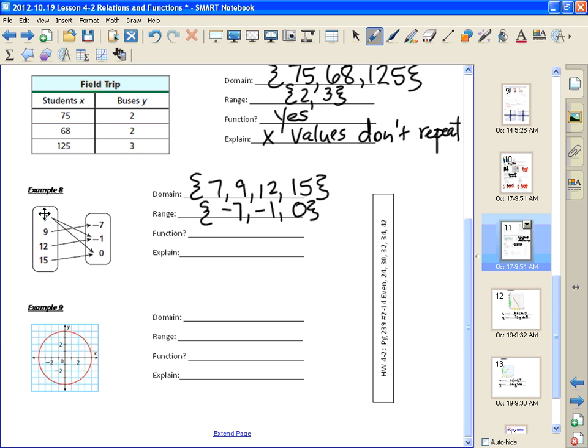So see how the 7 is going to -1 and the 7 is going to 0? Because the 7 has 2 little lines coming off of it, that means that 7 is repeating. And since it's an x value, when x repeats, it's not a function. So no, this is not a function. And what would be our explanation? X values repeat. So x value 7 repeats.